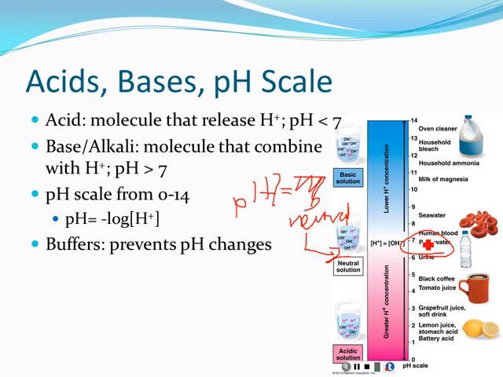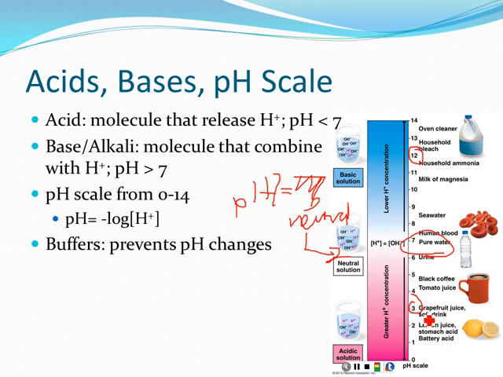How about this: how much more acidic is pH 10 compared to pH 12? 100 times as well. Okay, let's do one more. How many times is it from pH 12 to pH 3?